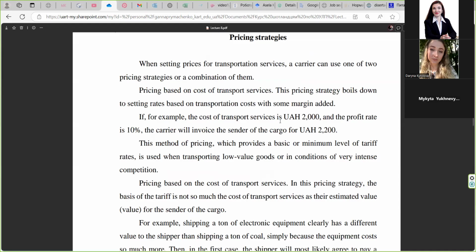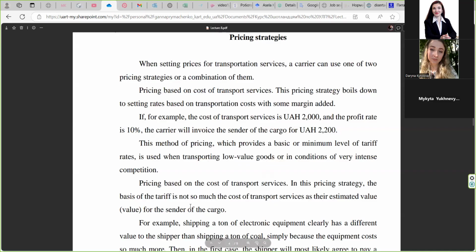If, for example, the cost of transportation services is 2,000 hryvnias and the profit rate is 10%, the carrier will invoice the sender of the cargo for 2,200 hryvnias. This method of pricing, which provides a basic or minimum level of tariff rates, is used when transporting low-value goods or in conditions of very intense competition.